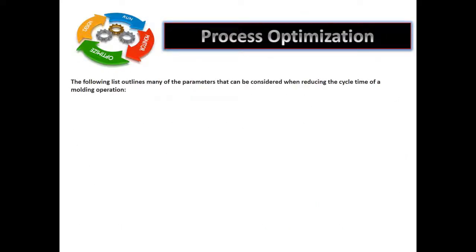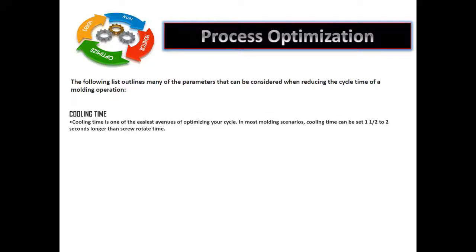So the following list outlines many of the parameters that can be considered when reducing the cycle time of a molding operation. So first, one of the easiest avenues is cooling time. In most molding scenarios, the cooling time can be set about 1.5 to 2 seconds longer than the screw rotate time.